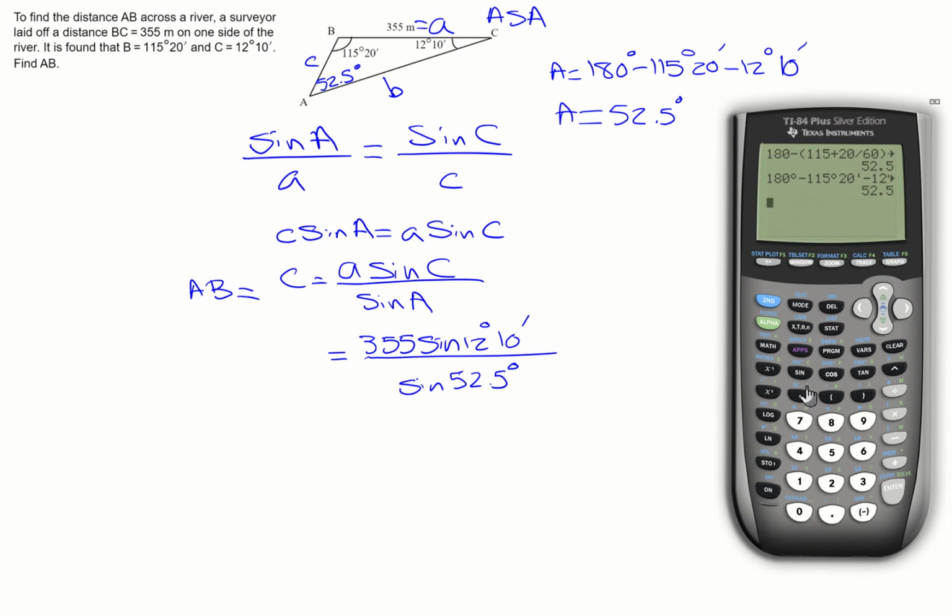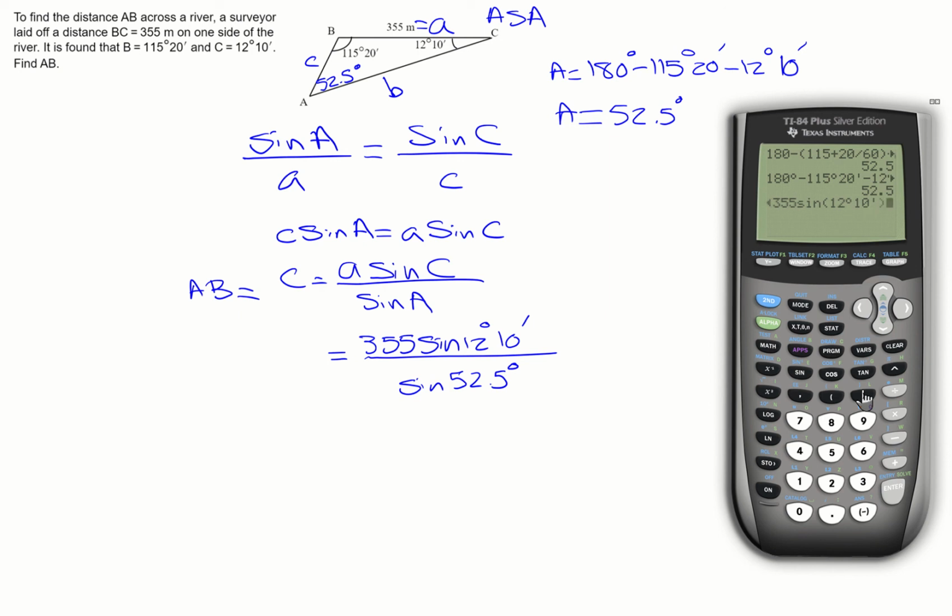So I'll go ahead and contain the numerator in parentheses. So we have 355 sine of 12. Let me go ahead and use the degree and minute this time. So I have 10 minutes. So we'll choose option 2.